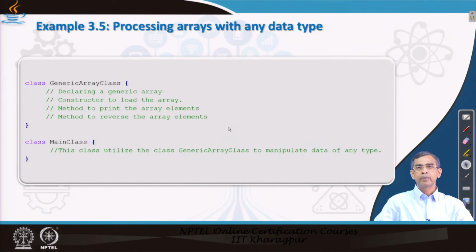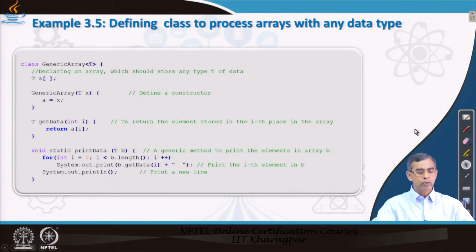You can recall the classes that we discussed for integer arrays and string arrays, which we dealt with separately, but we can do it in a generic way. Here is the code, you should note it. The code is very simple, again similar to the previous, with only minor differences.